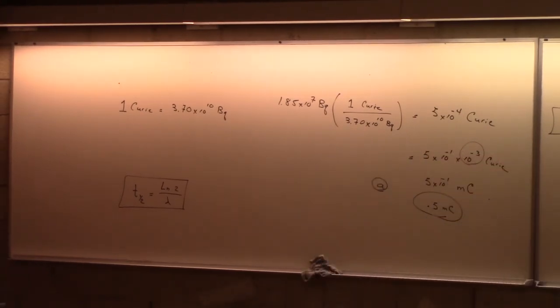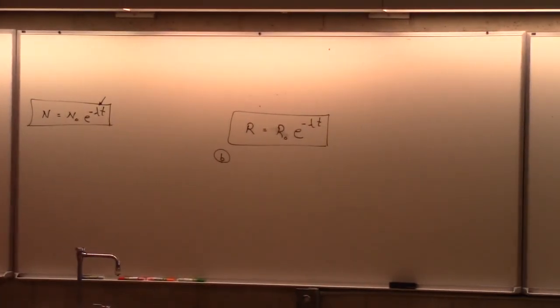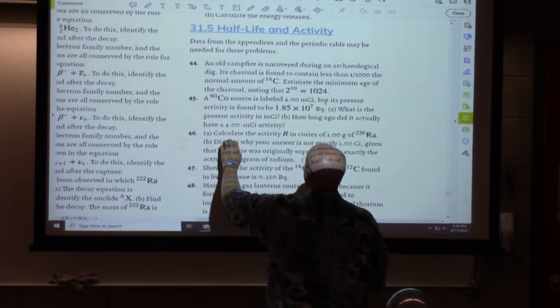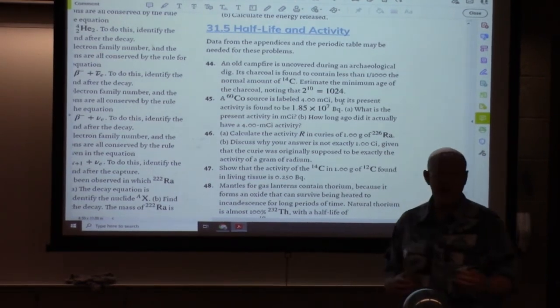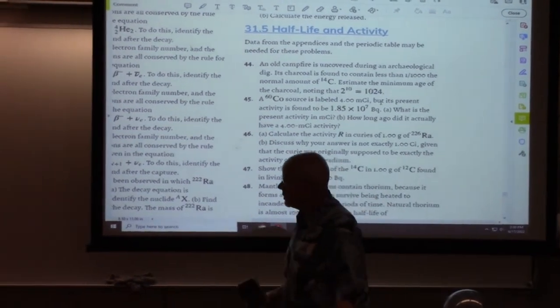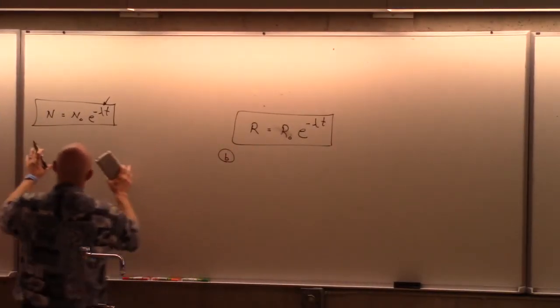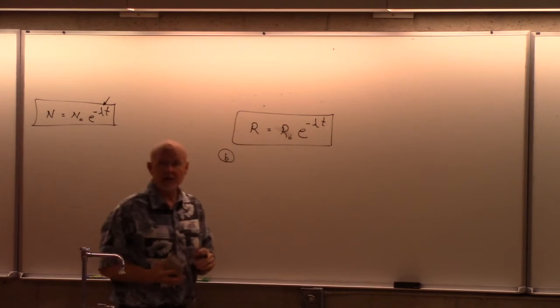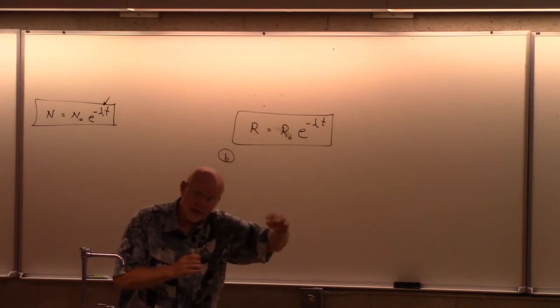But finally I get to why I was saving this one for these two problems, and that is this decay. This asks how long ago did it actually have this 4 millicuries of activity? There is this decay, and whether we're talking about the number of atoms or the rate, as I said earlier, they both follow that same exponential decay.